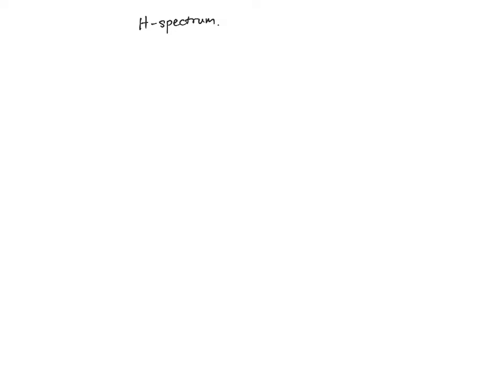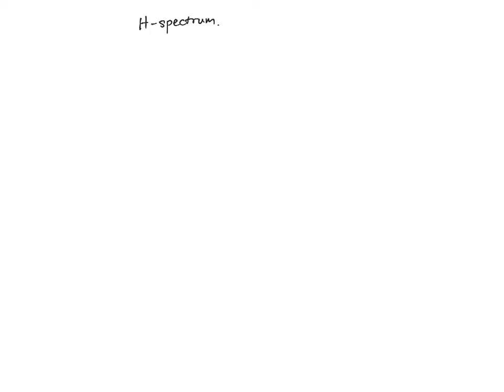the electron in hydrogen atoms jumps from a higher excited energy level to a lower energy level, and the extra energy released during that process, because it's jumping to a lower energy level, will be released in the form of a photon.